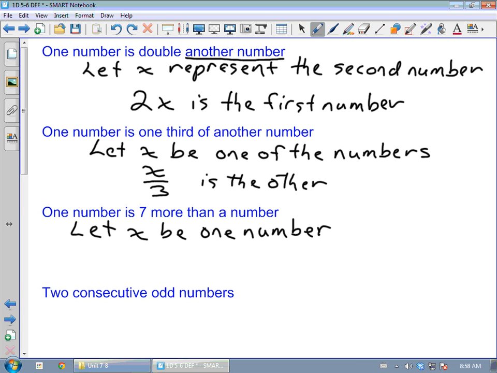Now, is it going to be x plus 7? Let's think about this. If it's x plus 7, this second number here is going to be 7 more than our first number. So we actually want this to be x minus 7. We want that first number, one number, to be 7 more than this one. So this one has to be 7 less than the first number.